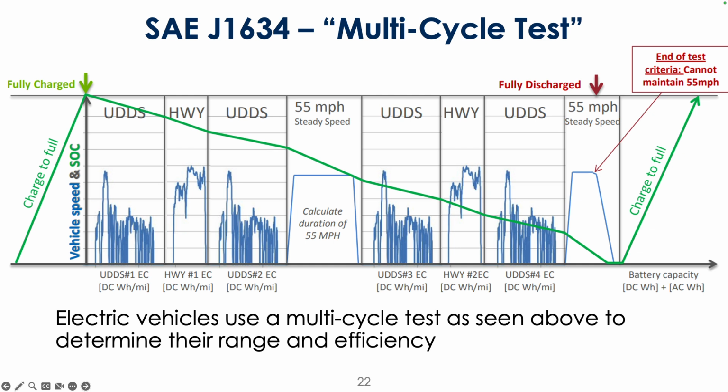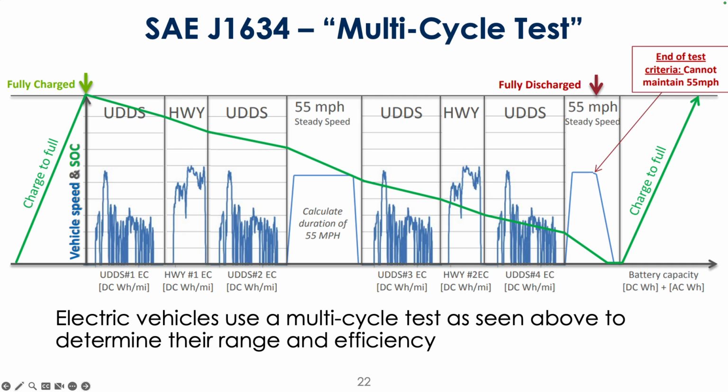Okay, electric vehicles undergo a slightly different test cycle. So SAE came up with a standard to do testing for electric vehicles in order to fully determine their range and efficiency. And their test cycles look a little bit different, like this.